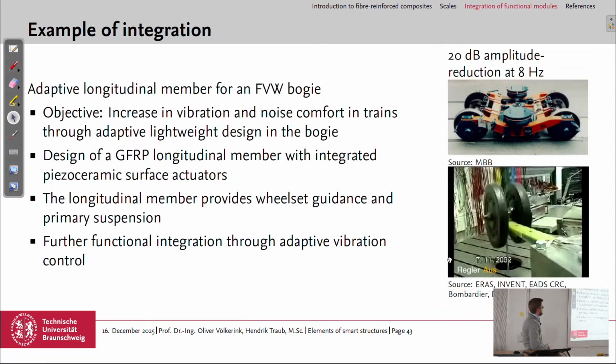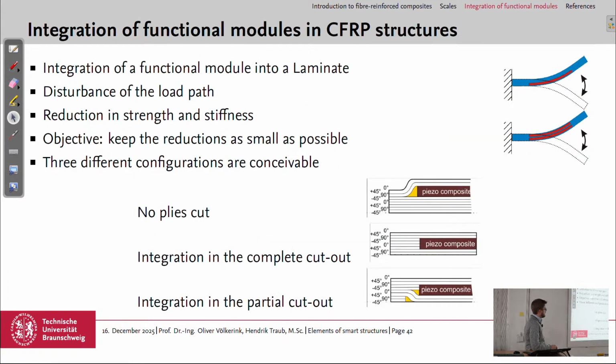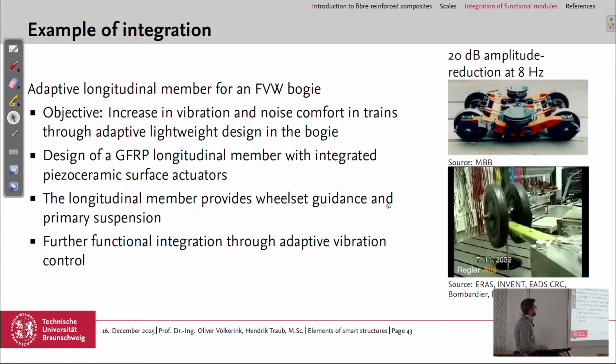Before we have a deeper look into this, one example of integration: there was one example structure also at German Aerospace Center before I joined German Aerospace Center, so I'm not deeply involved in this, but there was a fiber reinforced plastic bogie, so the wheel assembly of a train with integrated actuators.